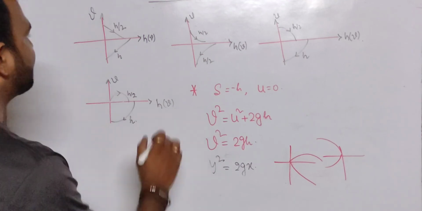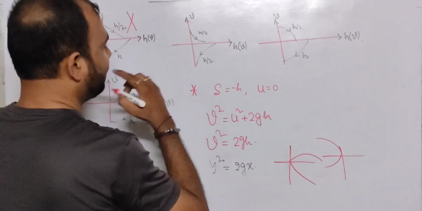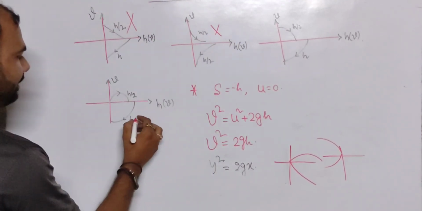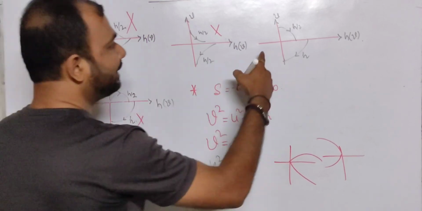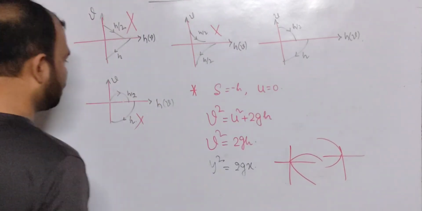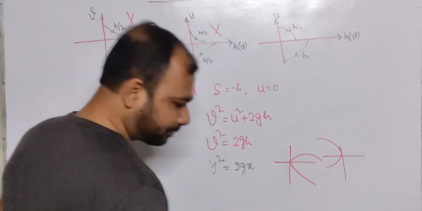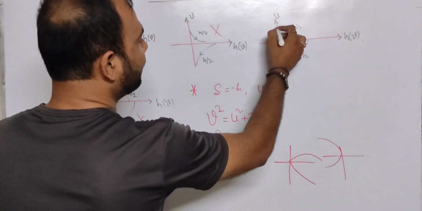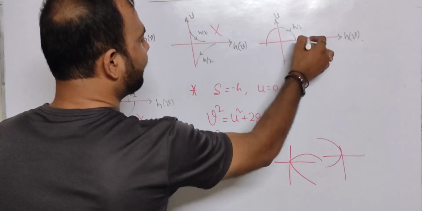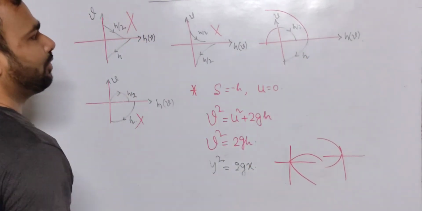This is a straight line, this is not parabolic, this is not parabolic, so this is the parabolic equation.